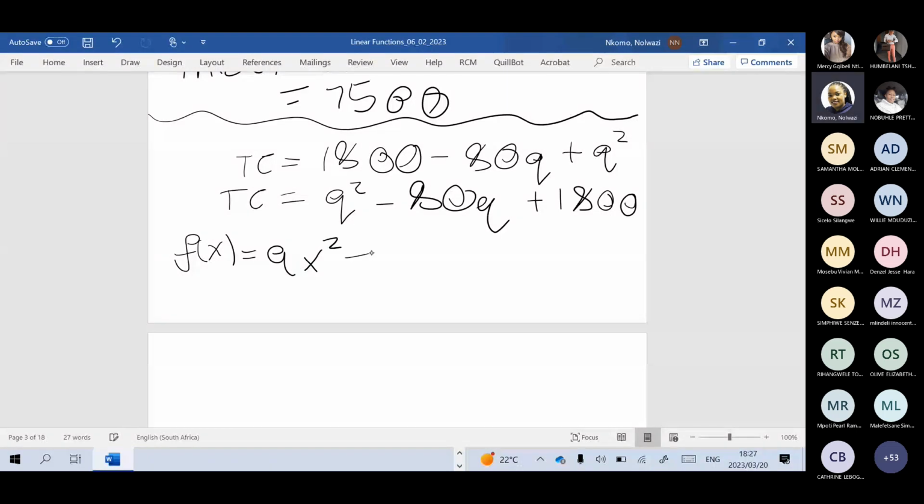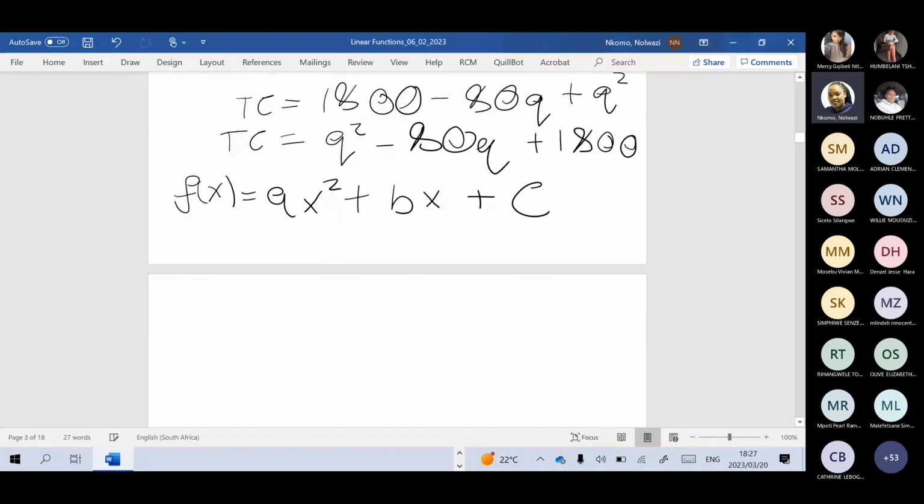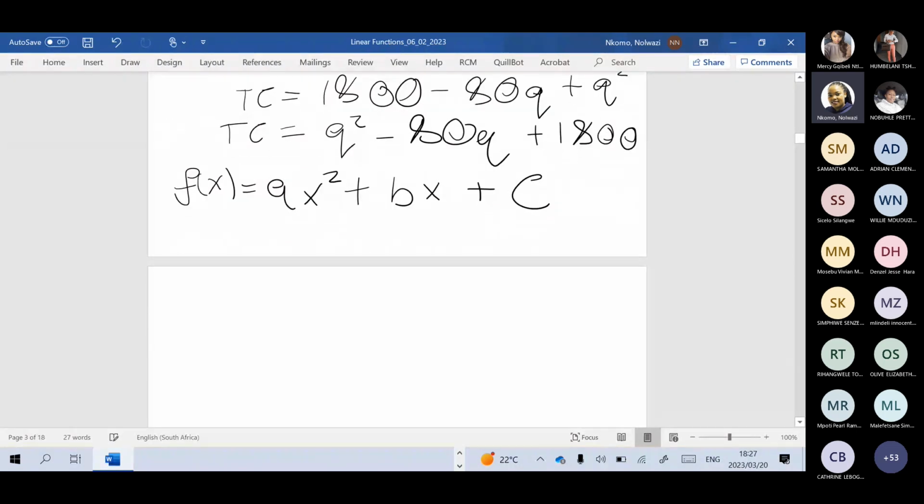We said if a is greater than 0, that means we'll have a minimum turning point. So we'll find a minimum point, because we're trying to minimize the function we're given.